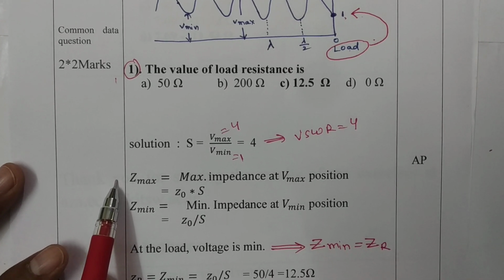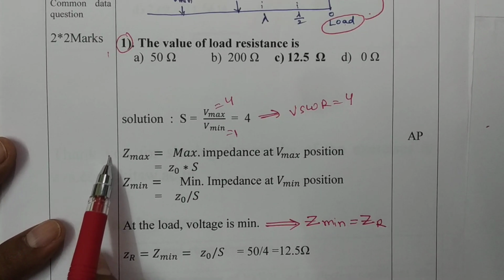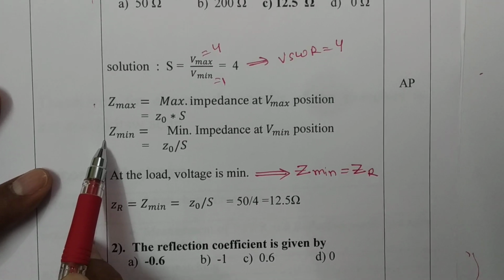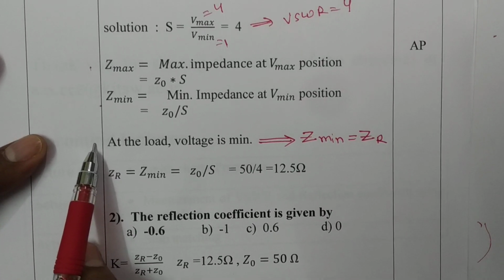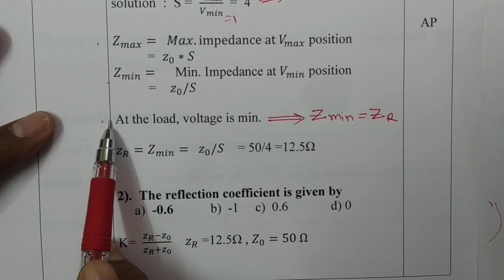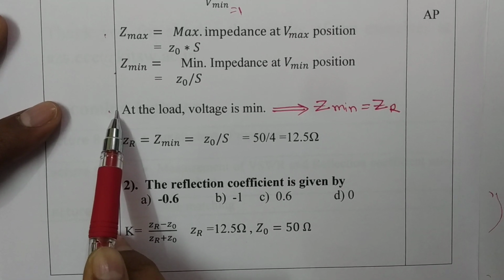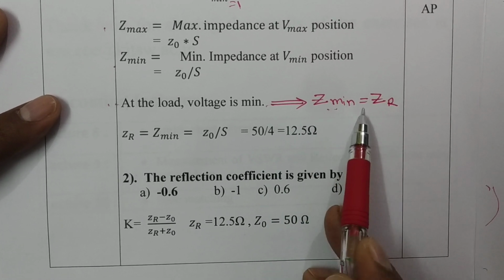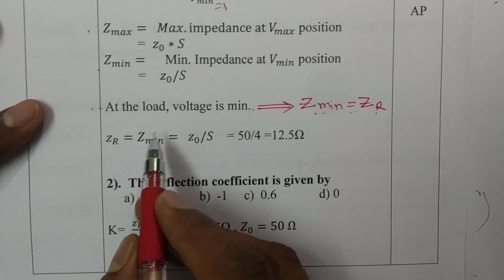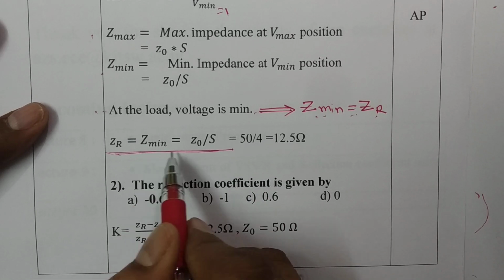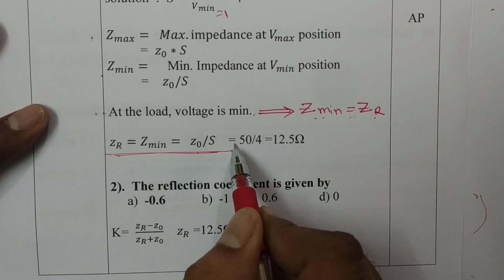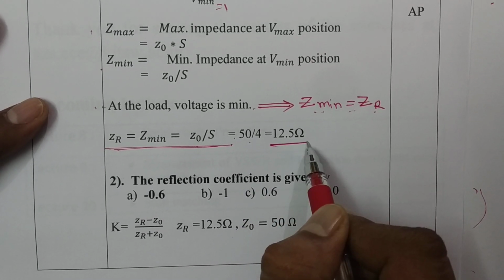Zmax is the maximum impedance at Vmax position, Zmin is the minimum impedance at Vmin position. At the load, voltage minimum is present, that corresponds to impedance minimum, and that is equal to the load impedance. It is given by Zmin equal to Z0 by S equal to 50 by 4, 12.5.